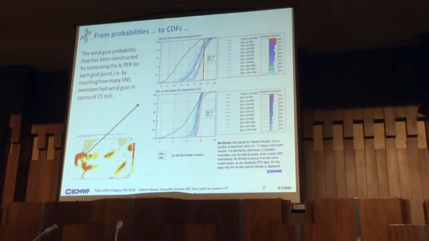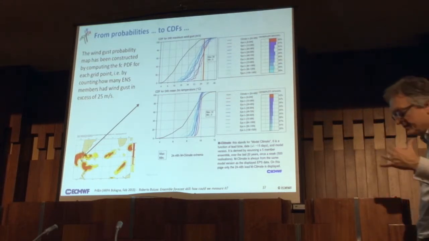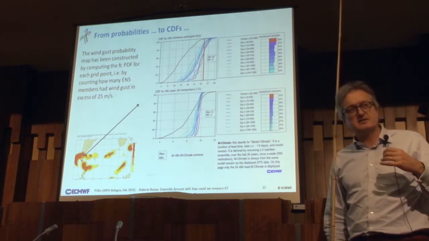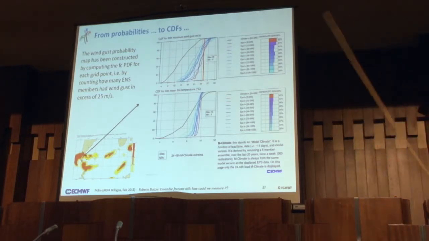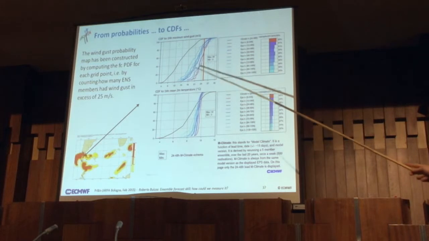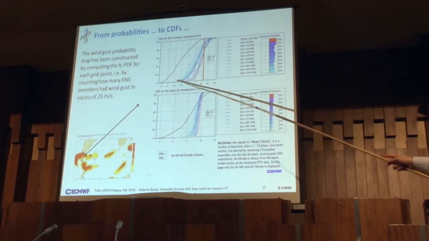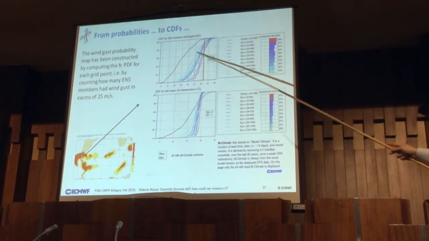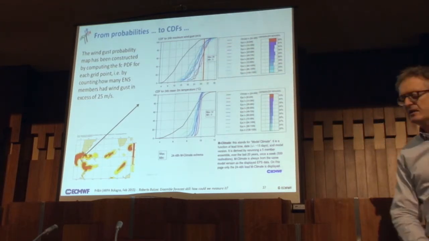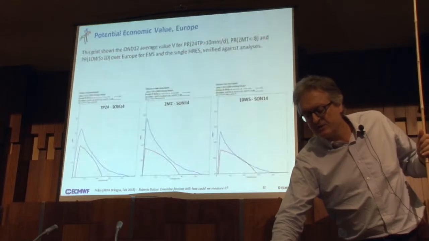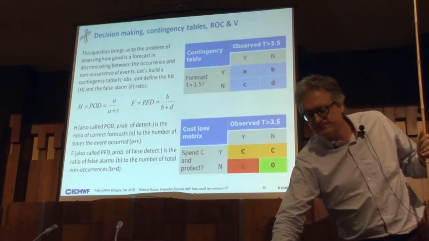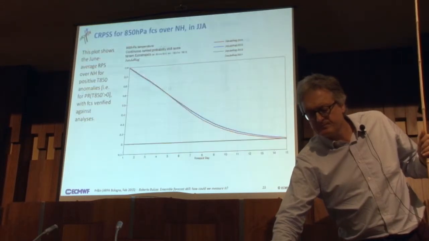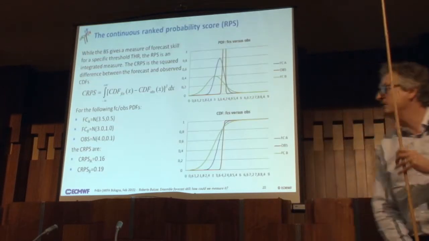This is more or less the idea behind this extreme forecast index. The idea is to compare a model. Here I'm showing you a cumulative distribution function. So you take a PDF, a probability distribution function, any normal distribution.